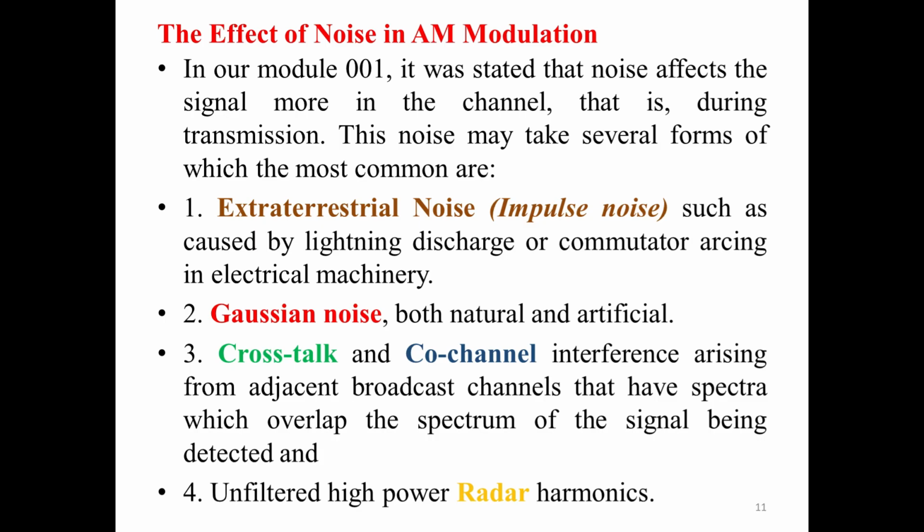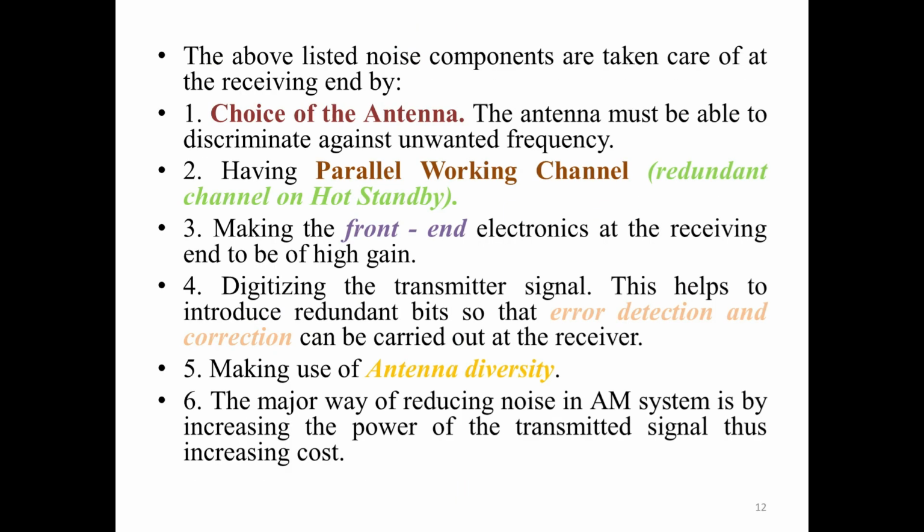Gaussian noise, both natural and artificial. 3. Crosstalk and co-channel interference arising from adjacent broadcast channels that have spectra which overlap the spectrum of the signal being detected. 4. Unfiltered high-power radar harmonics.